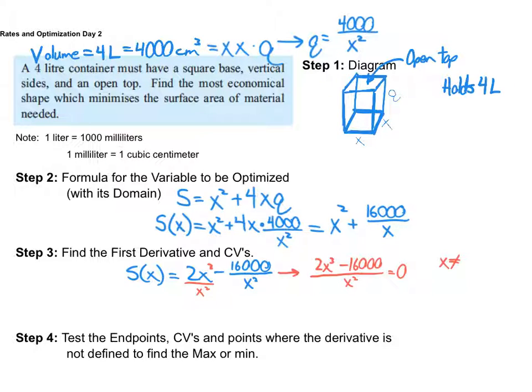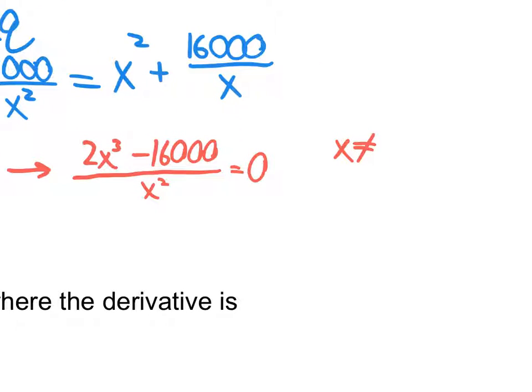And then we can look at just the numerator equaling 0. x does not equal 0. Let's see if the numerator will equal 0. So I'm going to ignore the denominator at this point, because for a fraction to equal 0, the numerator would have to equal 0.